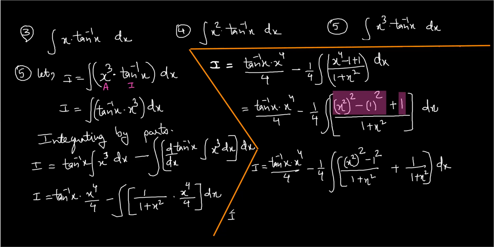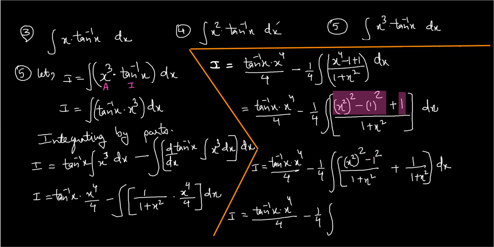So we have I equals to tan inverse of x into x raised to 4 upon 4 minus 1 upon 4, and see here what we have. We have here a square. This is a, I can consider it to be a. So a square minus b square. I have here a square minus b square.